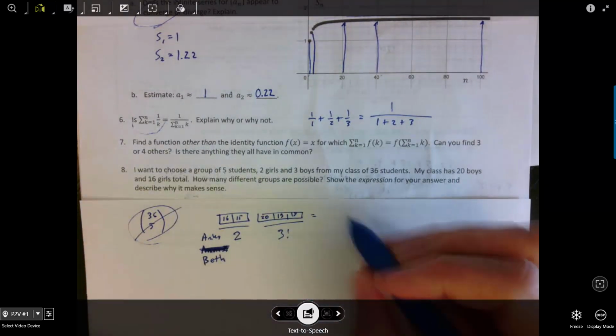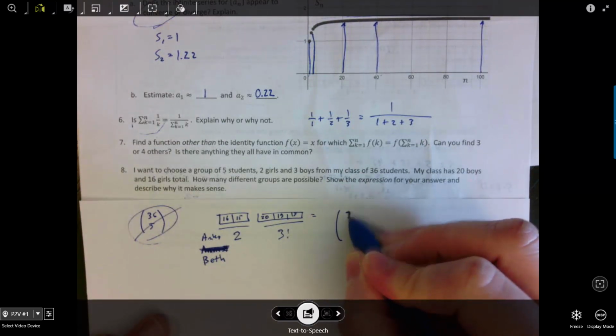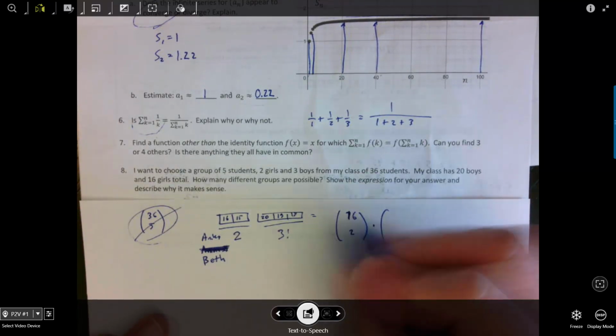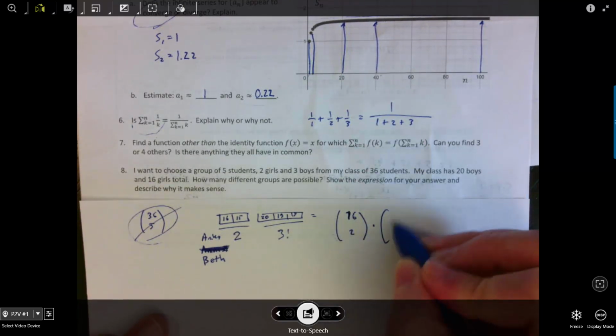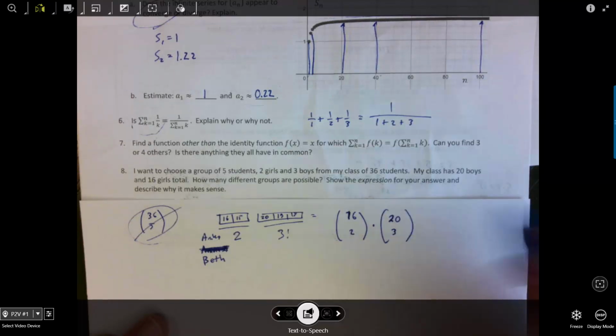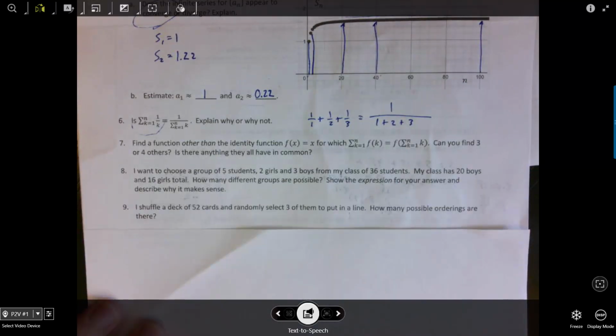But that's the same as saying I have 16 girls and I'm going to choose 2 of them, and then multiplying that number of ways of choosing 2 girls by the total number of ways of choosing 3 boys, which is having 20 boys and choosing 3 of them. So this equation is the same as this equation, 16 choose 2 times 20 choose 3. And either of those is correct.